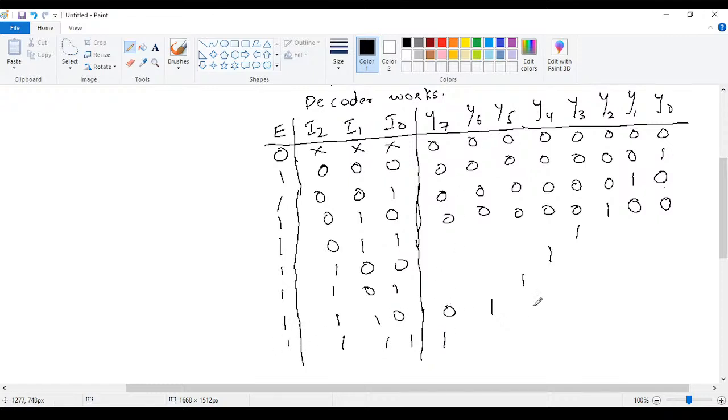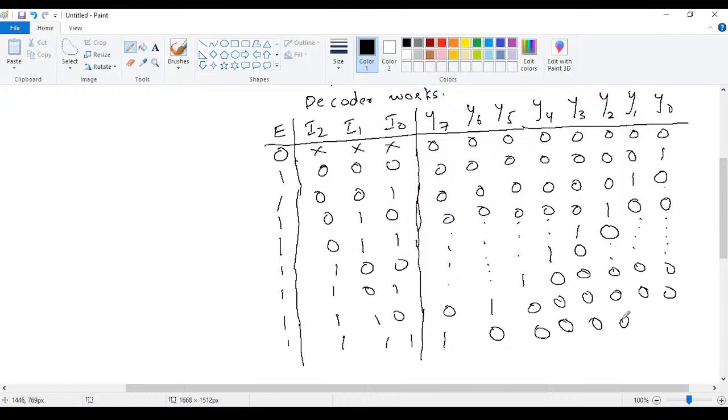Remaining all will be zeros here. I am not writing it all here, so you can understand. This is the functionality of the decoder.